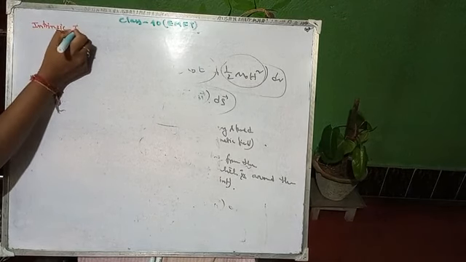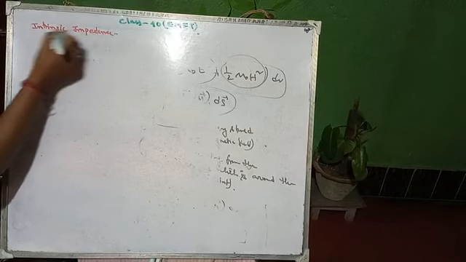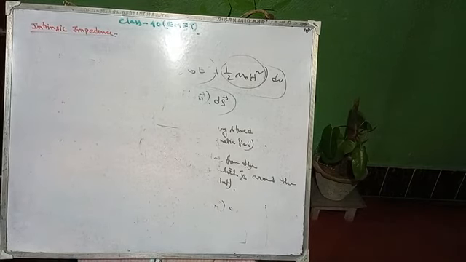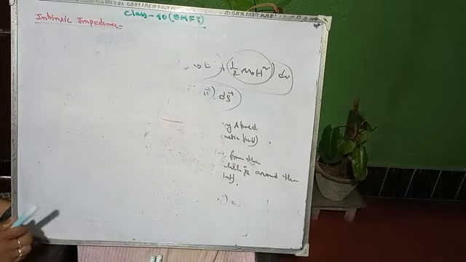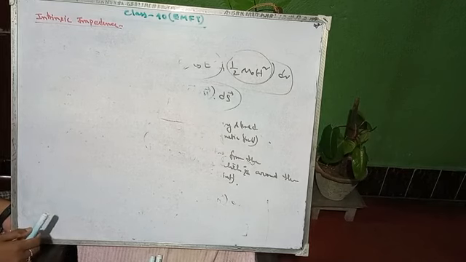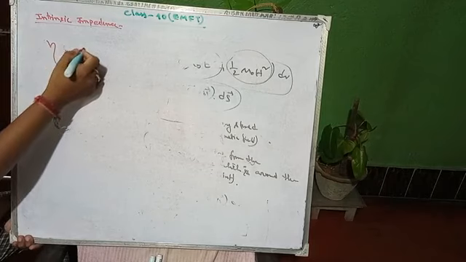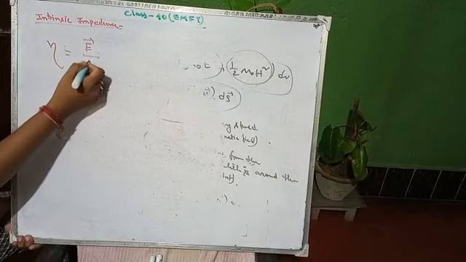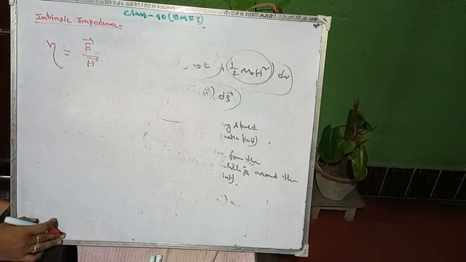Intrinsic impedance: the ratio of E vector and H vector is represented by the intrinsic impedance.